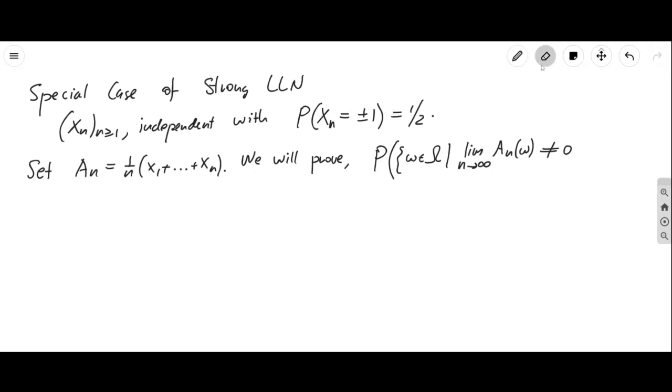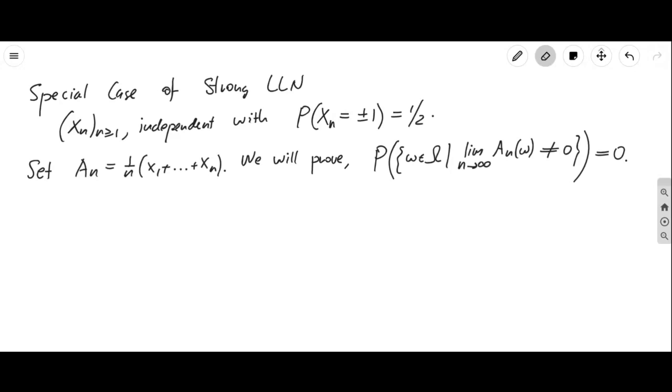So in this case, all of these random variables, their expectations are 0. If we were to find that event of all such sample points, then the probability of that event would be 0. So it does consist of sample points which violate this limit, but the event of all such sample points has probability 0.